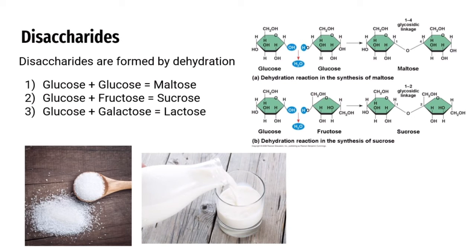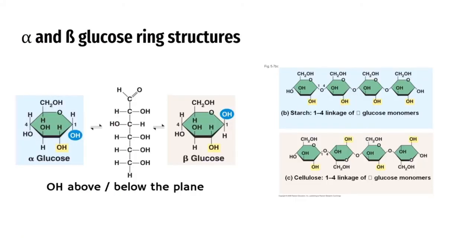Before moving on to polysaccharides, there is something that we should know. So, back to the glucose. There are two types of glucose. First is called alpha glucose, and it has OH below the plane, as you can see. And the second one is beta glucose, which has OH above the plane.